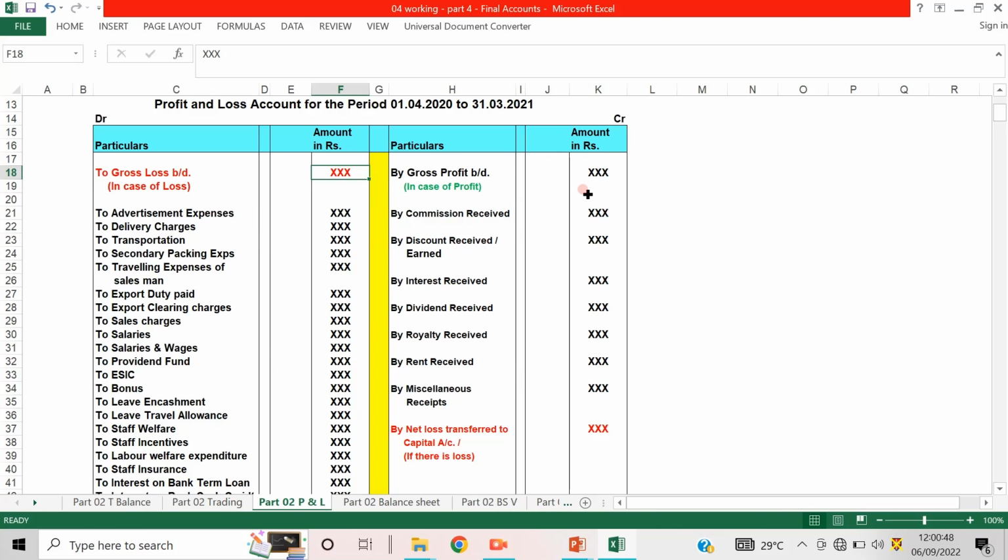Along with the gross profit, these other incomes are also added up, and then on the debit side, all the other expenditure. This expenditure is also bifurcated for the purpose of better understanding, means convenience. It can be grouped. Now I'm just giving it as a common thing. You can see that on the debit side, all expenditure are coming.